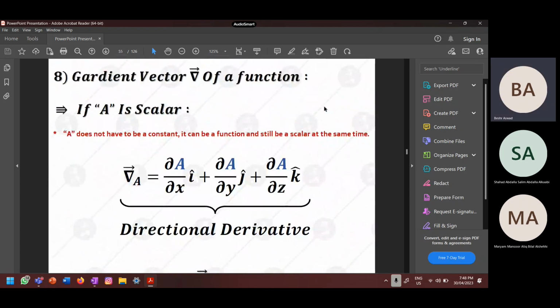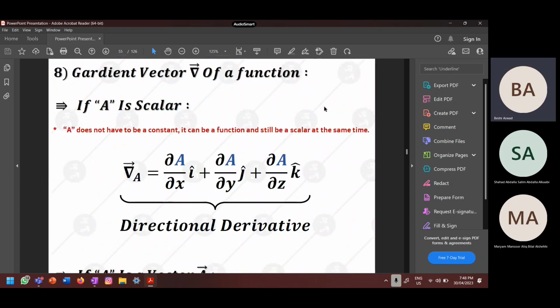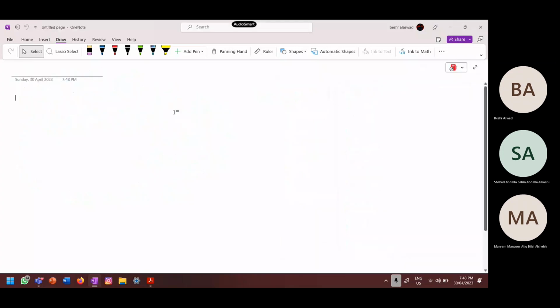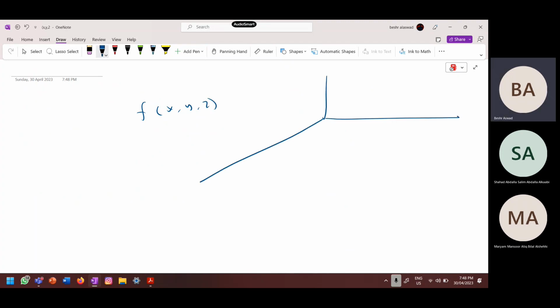Now, introduction to the gradient vector of a function. Let's say that you have a certain function of any values, mostly x, y, and z, and you want to represent this function in 3D space.